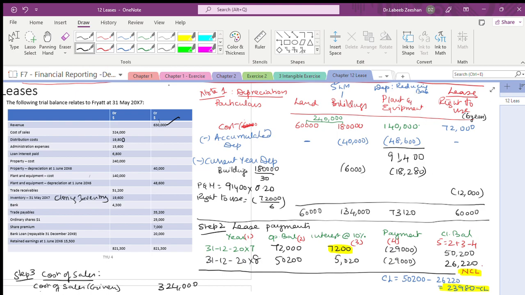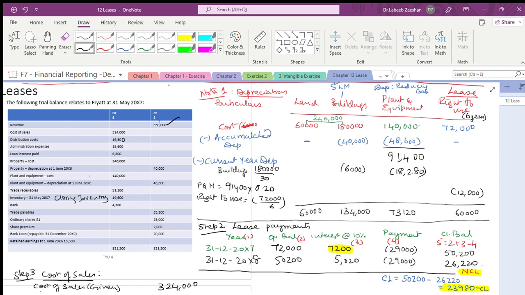If it is given in the adjustment, then we have to show it in both places, the profit and loss account as cost of sales, and in the current assets. But if it is given in the trial balance only, we show it in the balance sheet only, in current assets.